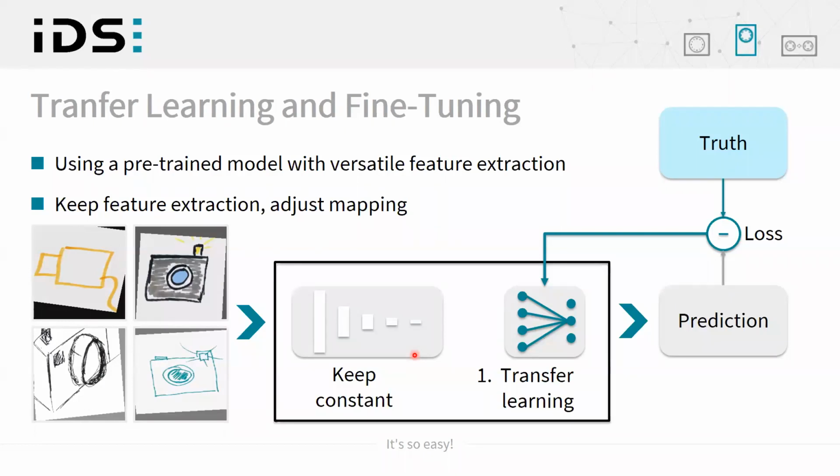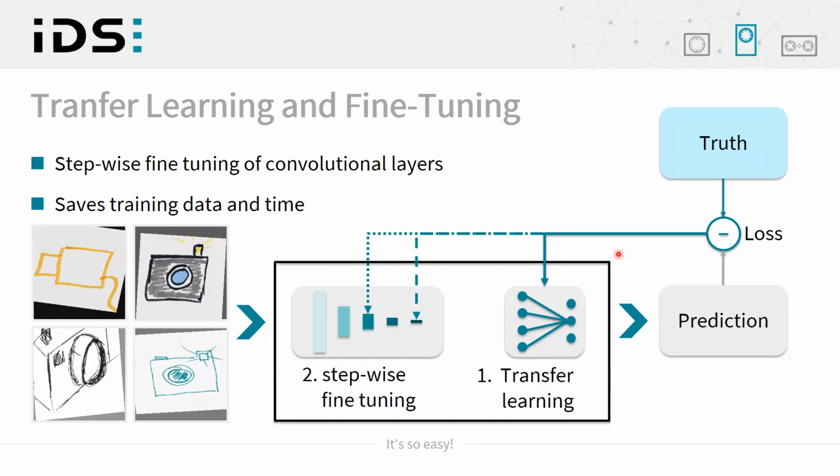So if we have a problem like identifying cameras, we don't have to adapt the feature extraction, we only have to adapt the mapping of the features to get the desired output. We only have to train these few parameters instead of these many. This is called transfer learning, and this is step 1 in Lighthouse language.